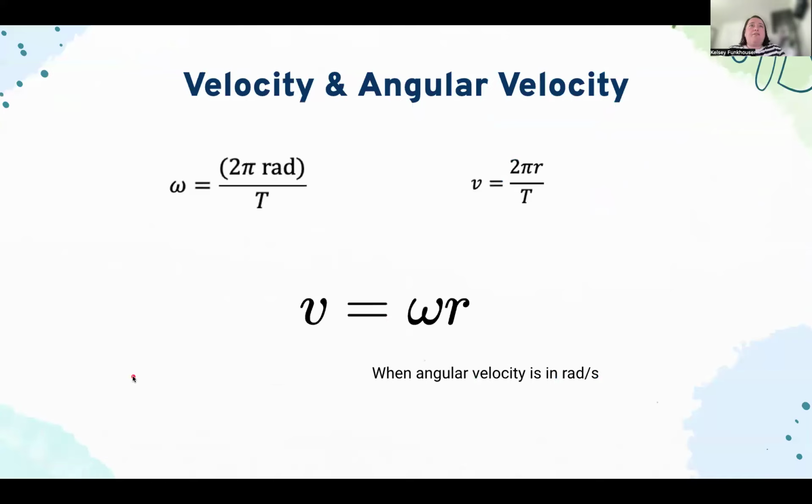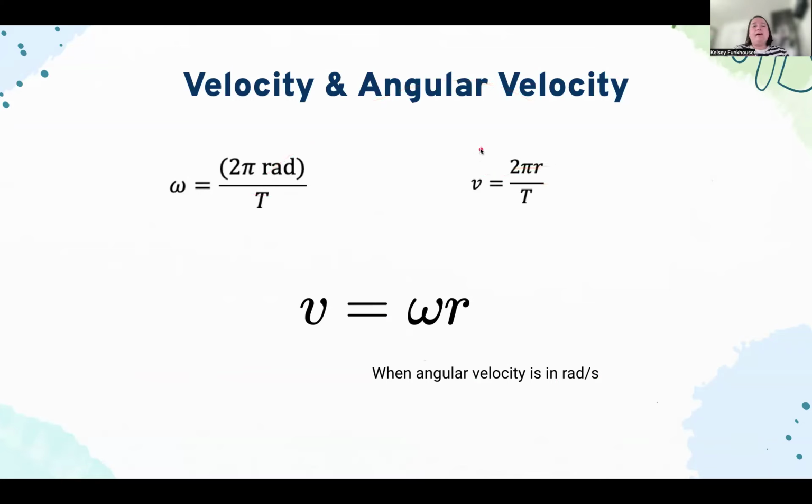We have angular velocity and velocity from kind of different sources. So here the T is not tension, it is period, which is just the time it takes to make one complete orbit or circle or what have you. And both of these, so this one, 2 pi radians is the angle of a complete circle.